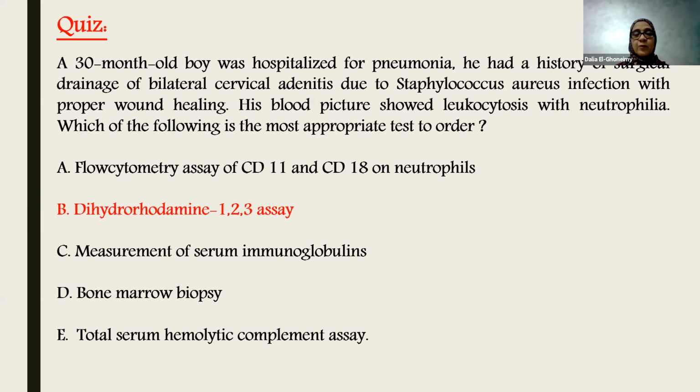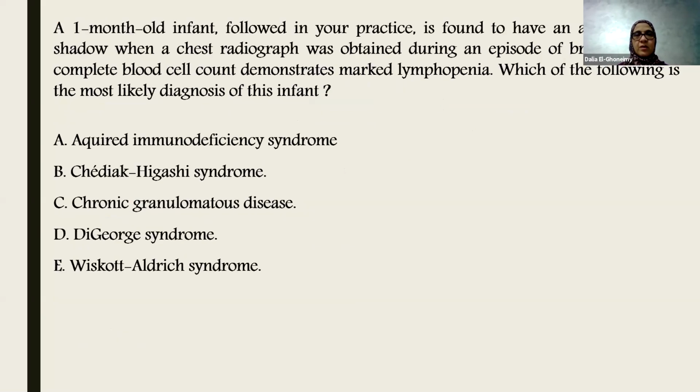We are not in need of a bone marrow biopsy, and there is no need for a total serum hemolytic complement assay for possible complement deficiency, as it's not an encapsulated organism and not a recurrent picture of complement deficiencies.